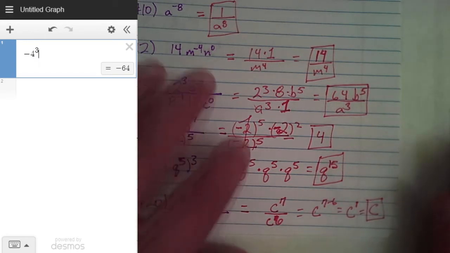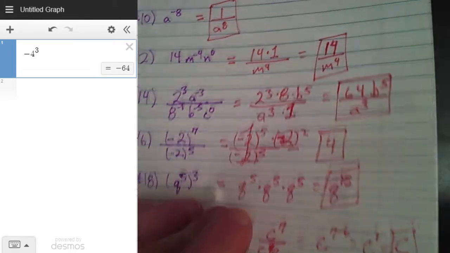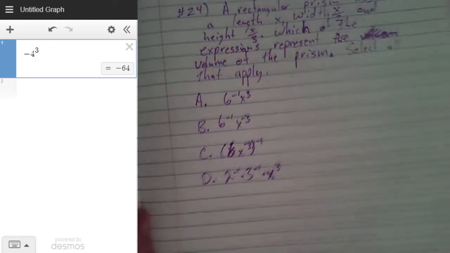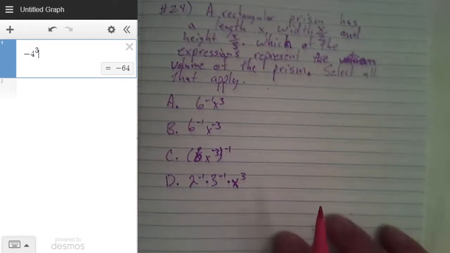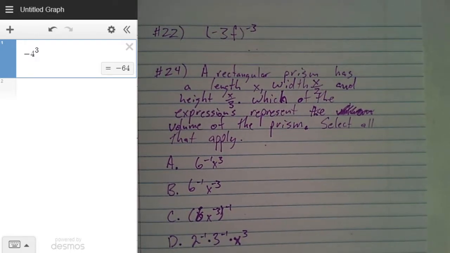So let's go ahead and go on to number 22. We have negative 3f all to the negative third.